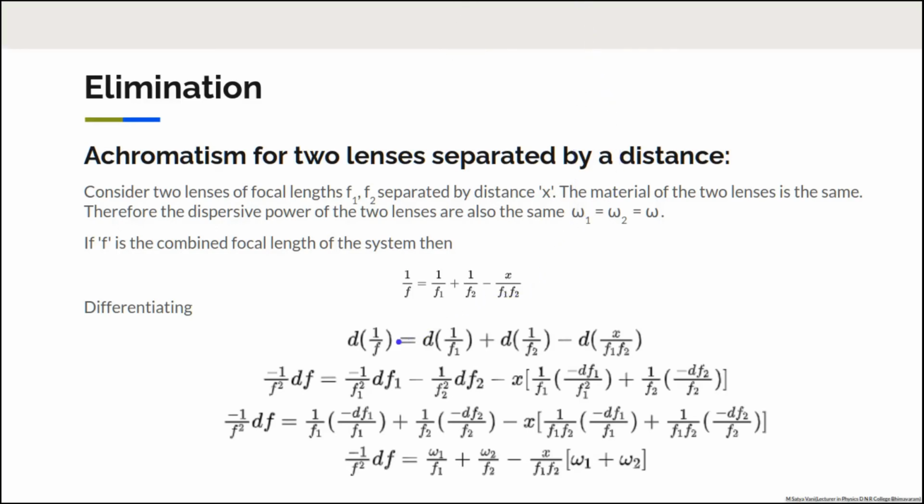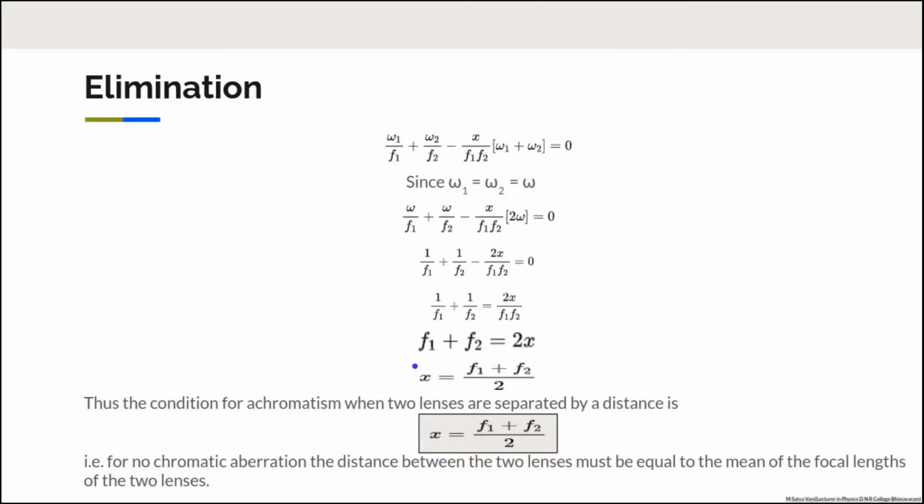Next, differentiating this equation, we get these equations, substituting the values of omega 1 and omega 2.